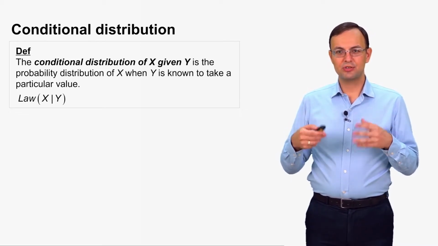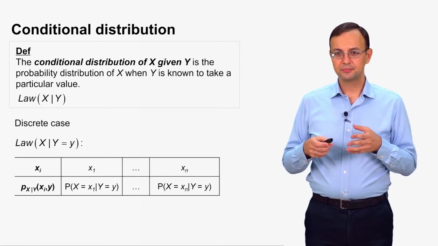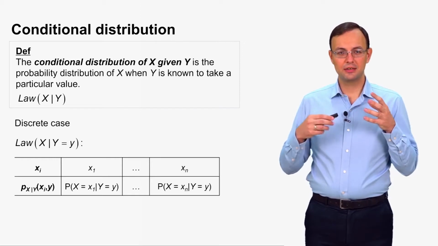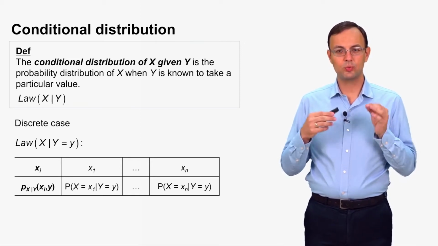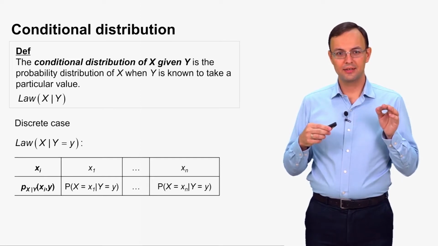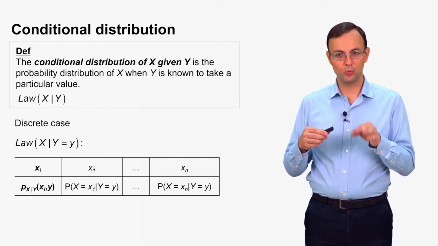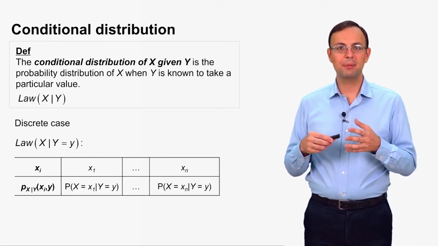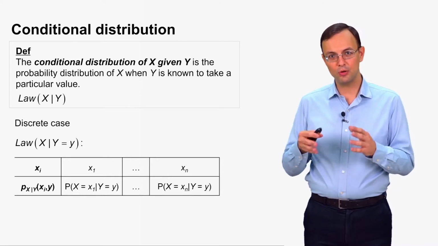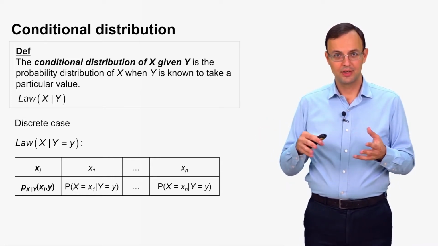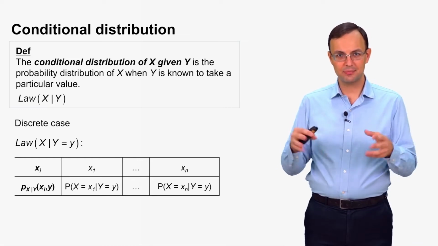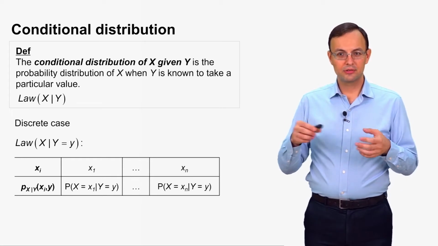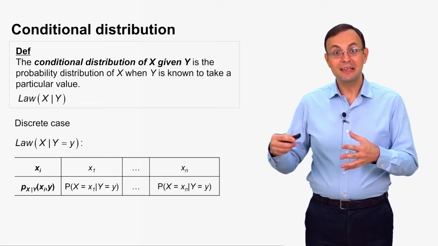So how can we describe such a situation in the discrete case? In the discrete case, if we are interested in the distribution of x given that y has already taken the value equal to the small y, we are to find conditional probabilities for all possible values of x. So the distribution of x in the discrete case can be described with a table of distribution, as you know. And in the lower row of this table, there are probabilities.